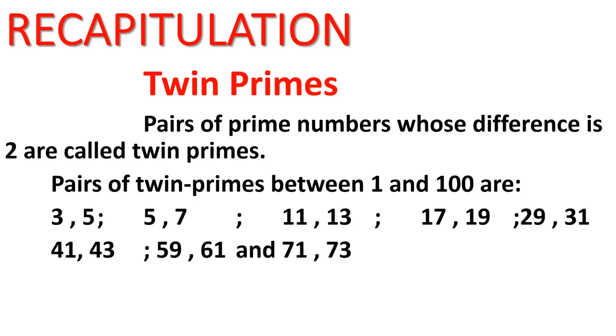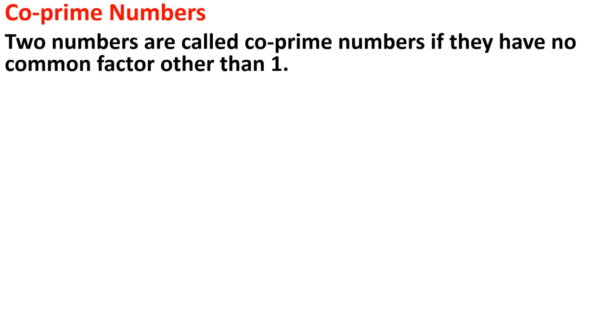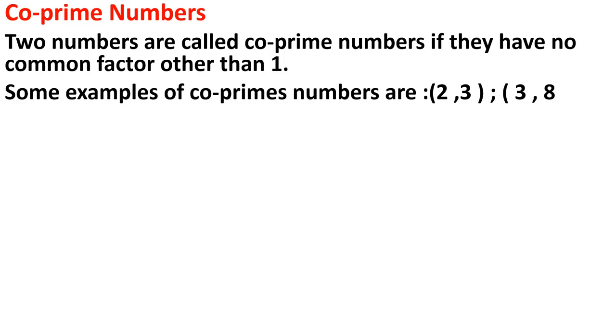Next we have done co-prime numbers. Two numbers are called co-prime numbers if they have no common factor other than 1. It means if there is only 1 as their common factor, then such numbers are called co-prime numbers. Again, there are many examples. I have written here 2 and 3.